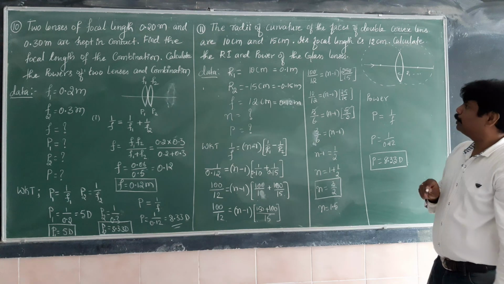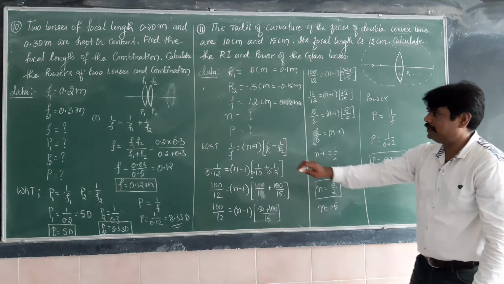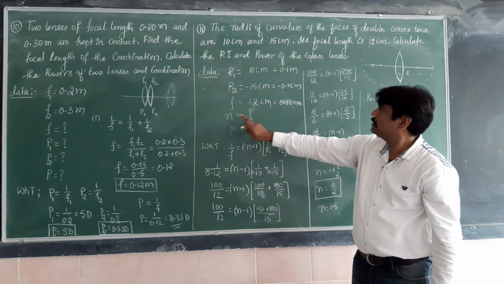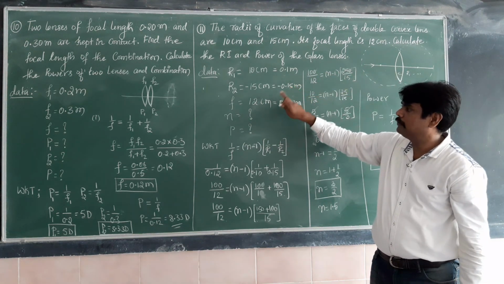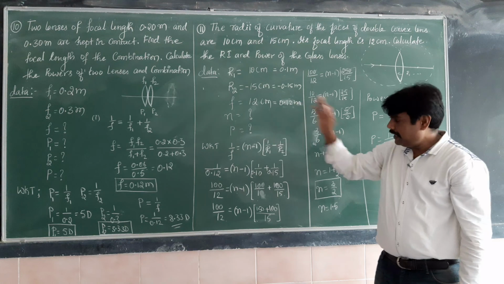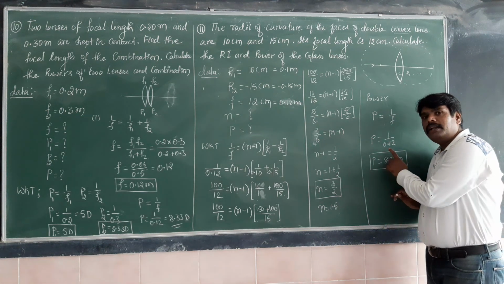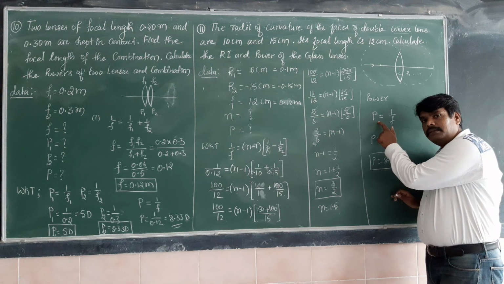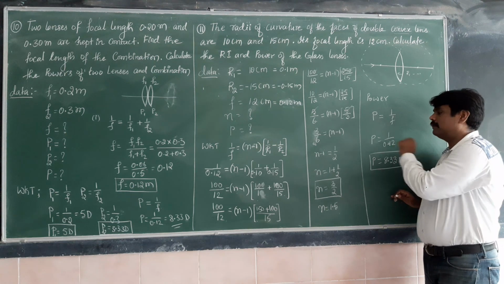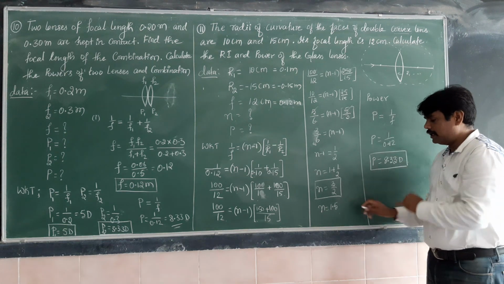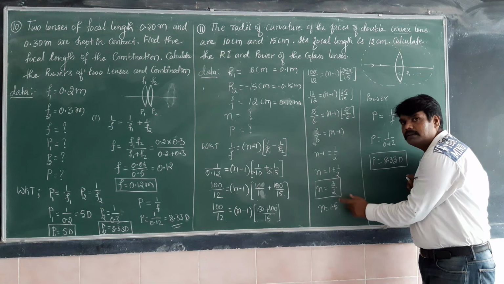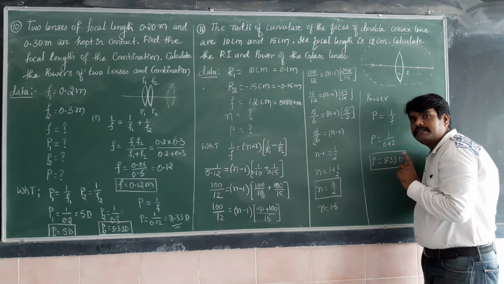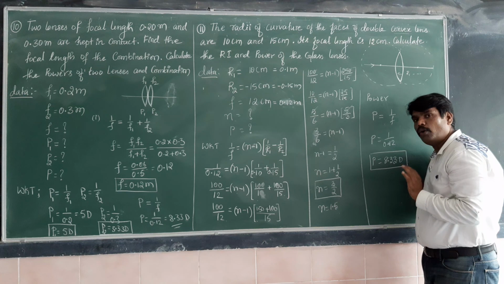So in this problem, we have calculated the refractive index of the given convex lens, given the radii of curvature and focal length. In the second part, we have calculated the power by taking the reciprocal of the focal length. Power is in diopter, and for refractive index you are not supposed to write any unit, because refractive index is a unitless quantity.